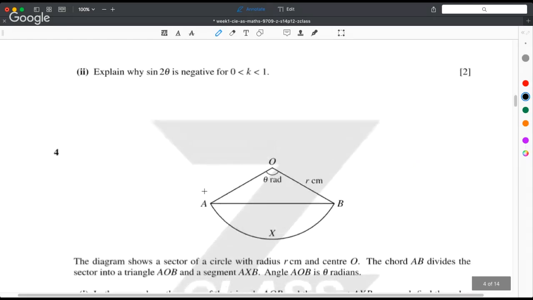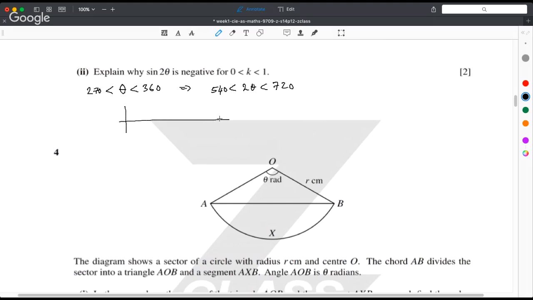And now they want you to explain why sine of 2 theta is negative for these values of k. Well, there's a couple of ways to do this, but you know that theta has to be greater than 270 and less than 360, which implies that 2 theta must be greater than 540 and less than 720.